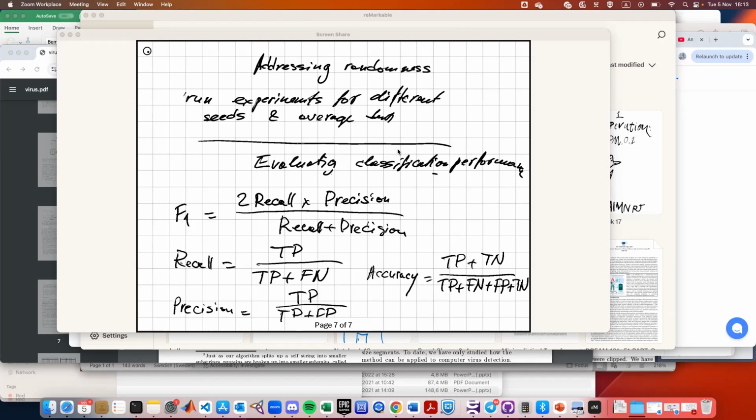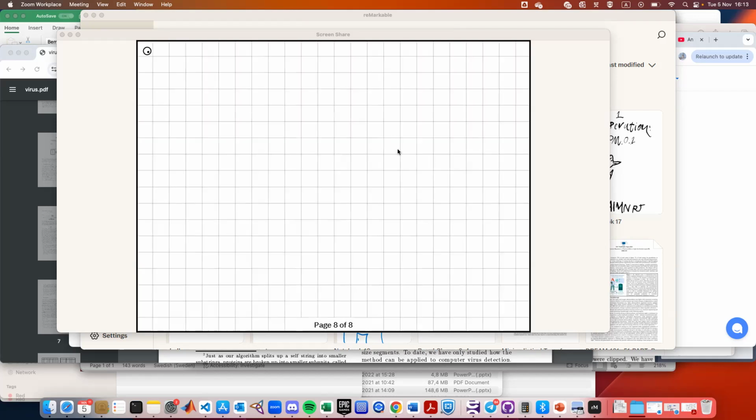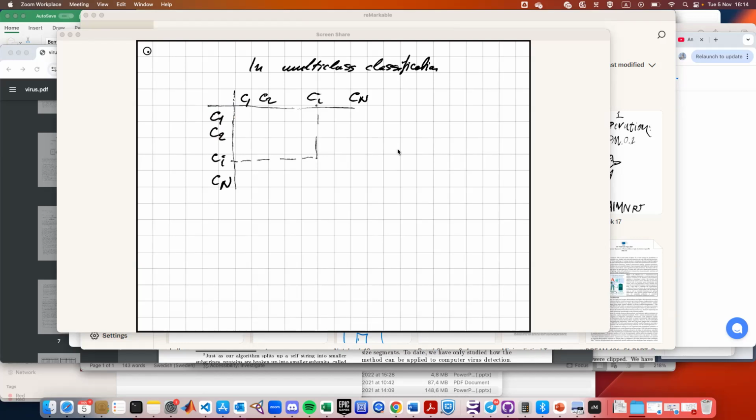So if you work in a multi-class case, the truth table or confusion table looks like this: class 1, class 2, class N, or class I. Basically, this is the true positive case.